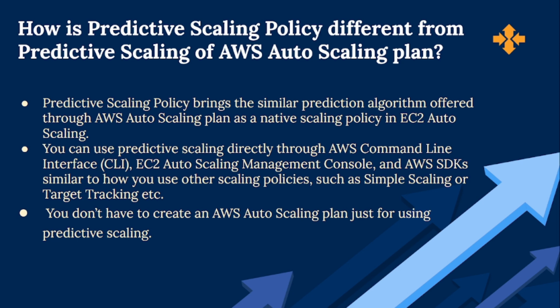You can use predictive scaling directly through the AWS Command Line Interface (CLI), EC2 Auto Scaling Management Console and AWS SDKs, similar to how you use other scaling policies, such as simple scaling or target tracking. You don't have to create an AWS Auto Scaling plan just for using predictive scaling. Let's move to the next question.